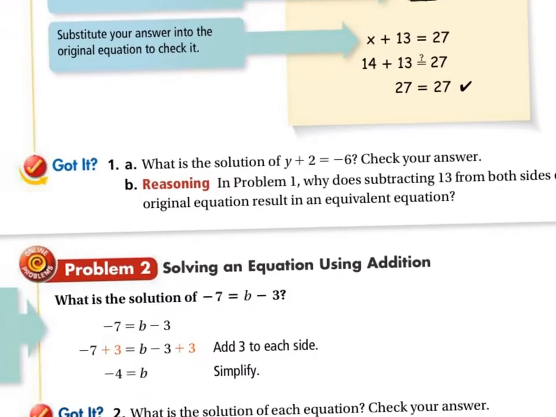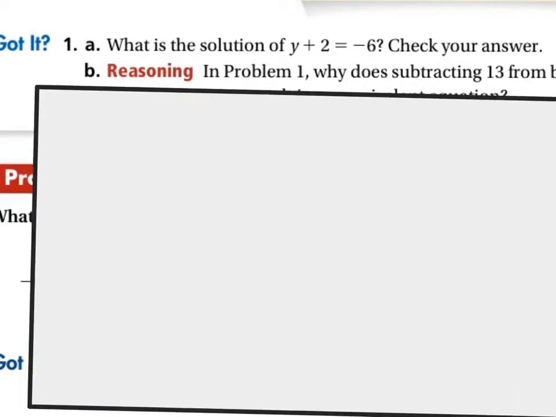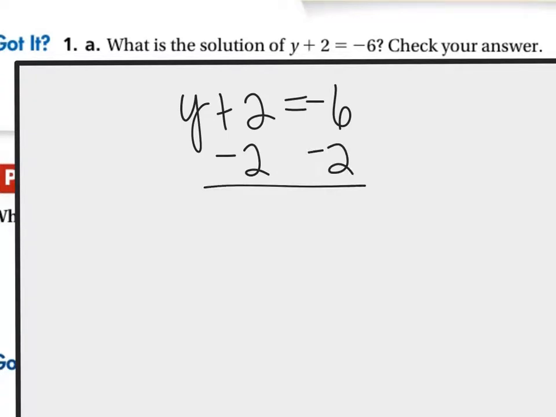So if we look at the Got It 1a, they want us to find the solution for this equation. Now they've made it a little bit more challenging by putting a negative number in there, but I think we're up to the challenge for that. So in this problem, with the y that we're trying to get by itself, they're adding 2. So we're going to do the opposite operation, and we're going to subtract 2.